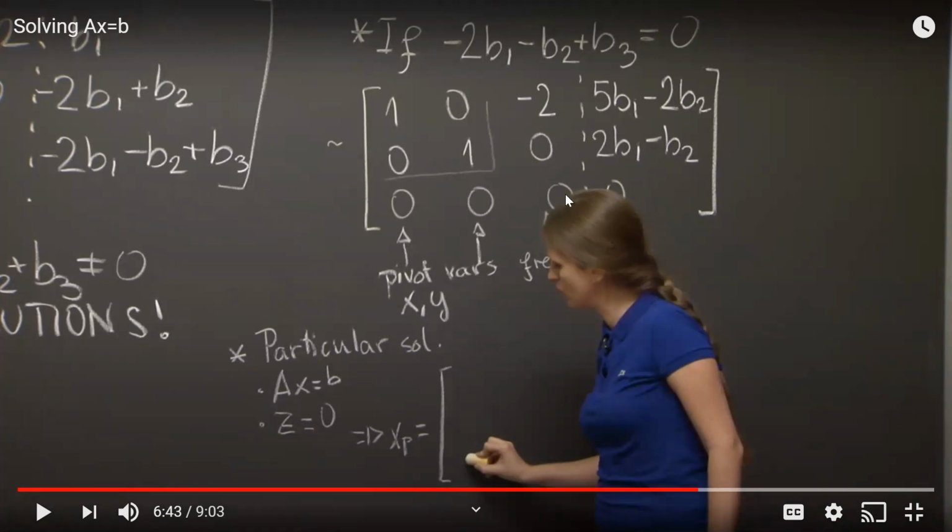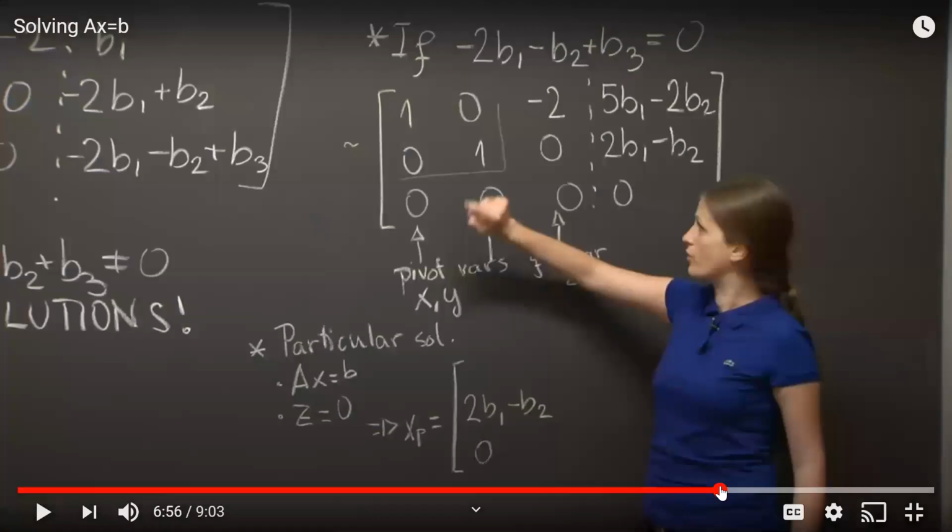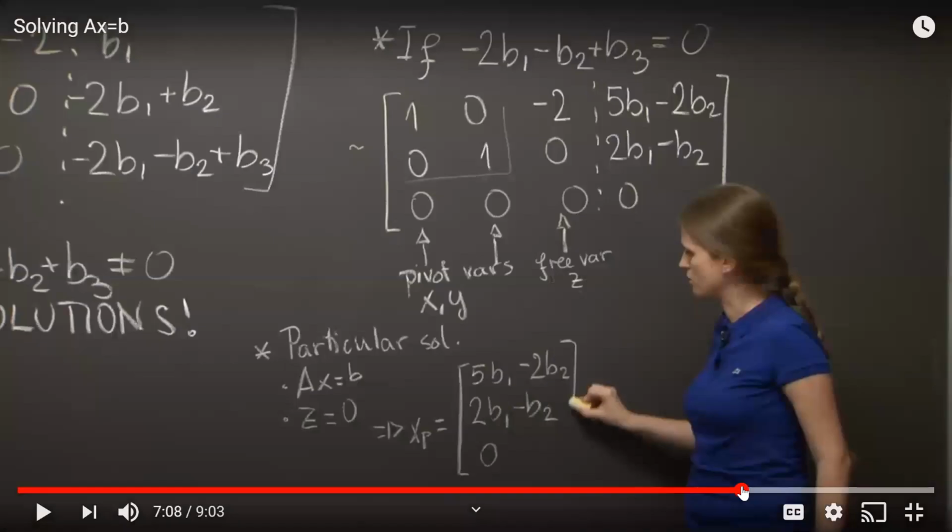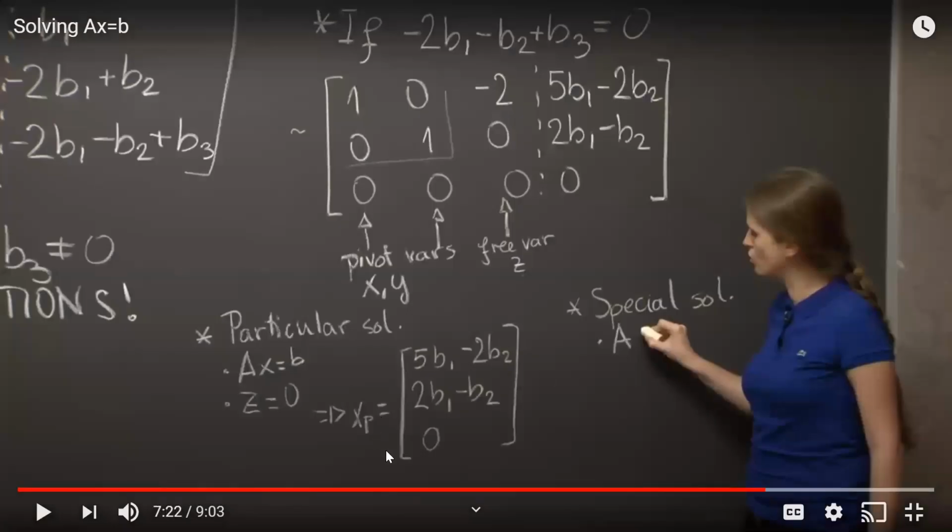And the third one is 0 equal to 0, because we have assumed that this whole expression, minus 2b1 minus b2 plus b3, was 0, because that's how we proceeded. Otherwise, we have the no solution condition. Okay, so now we have this solution here. This is our particular solution. We write it x with subscript p.